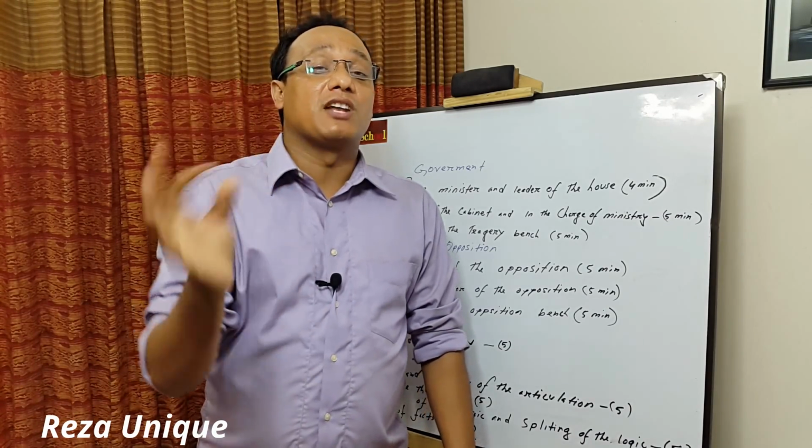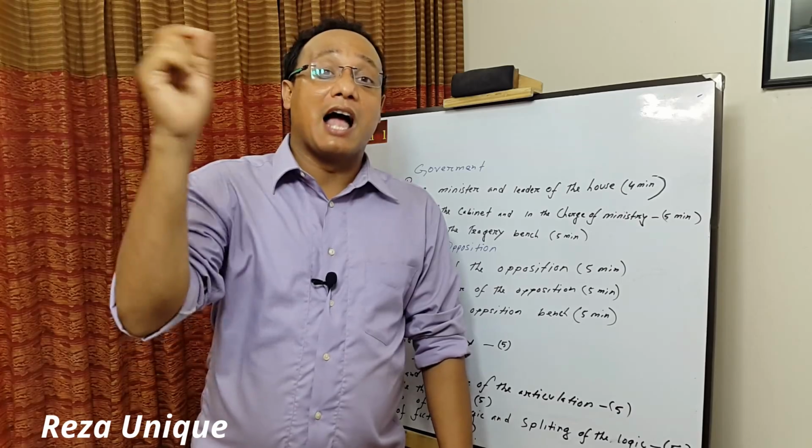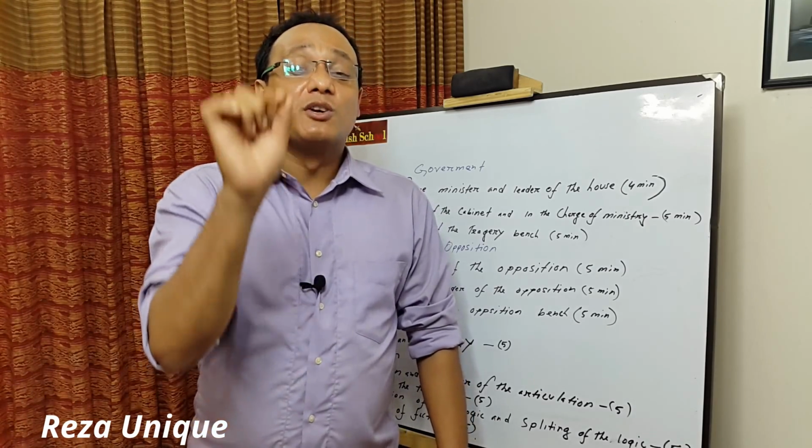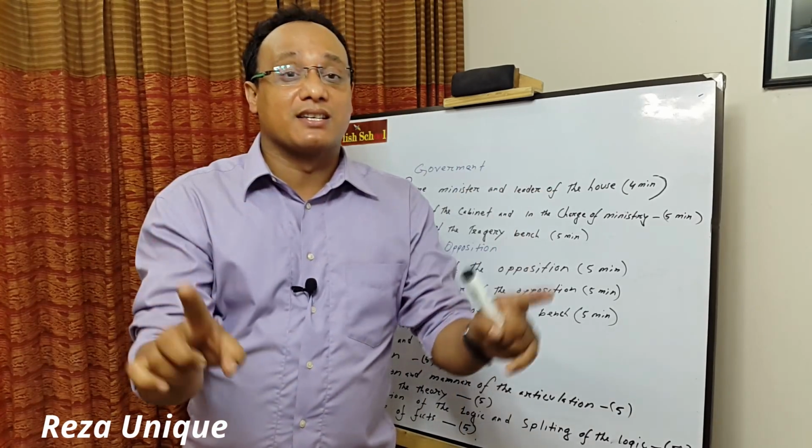To sharpen a knife, we make friction with a stone. Likewise, to improve the intellectual level of human beings, we have to debate with each other, which will move brain-to-brain interactions.